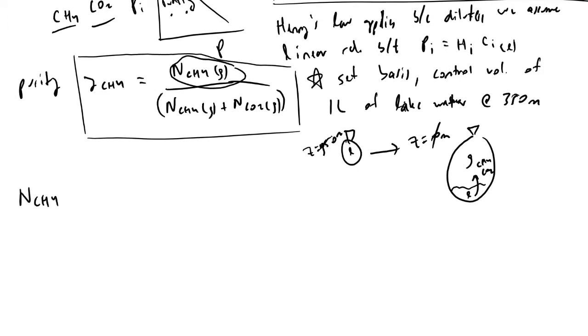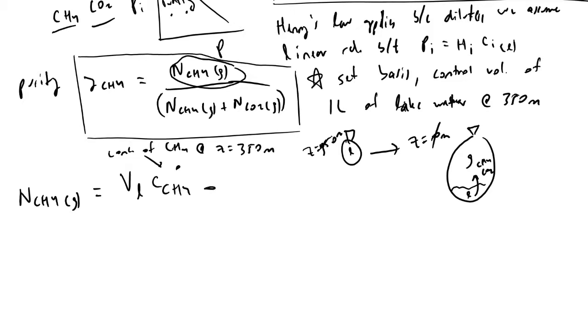NCH4 in the gas, we can think of intuitively as the number of moles of methane that were initially in the liquid phase that have left it. To write this out, we can equate it to the volume of the liquid phase, V sub L, multiplied by the concentration of methane naught, meaning the concentration of CH4 at z equals 350 meters.